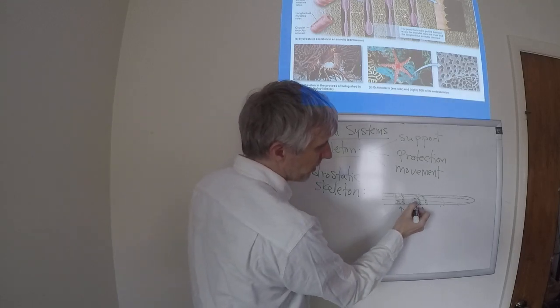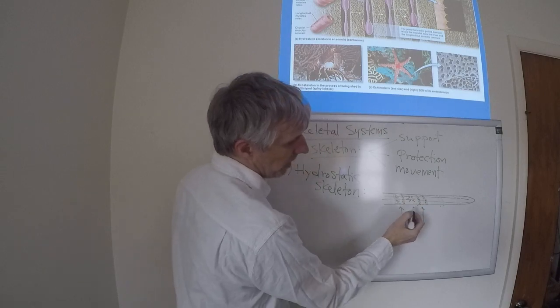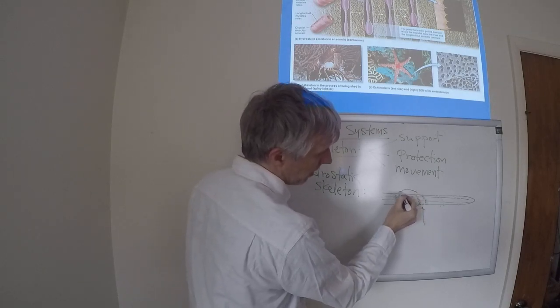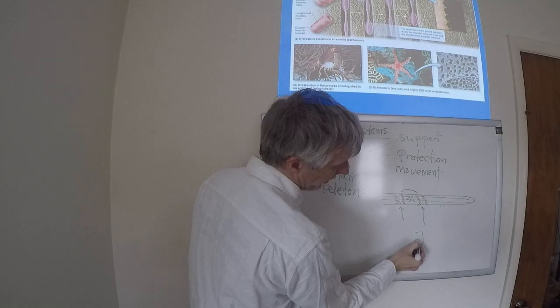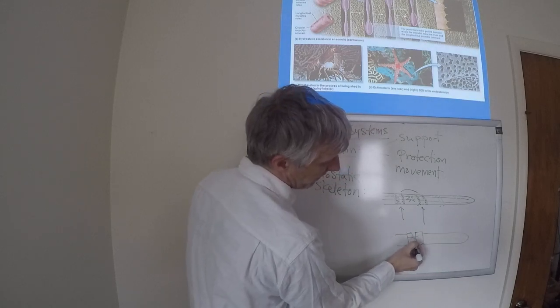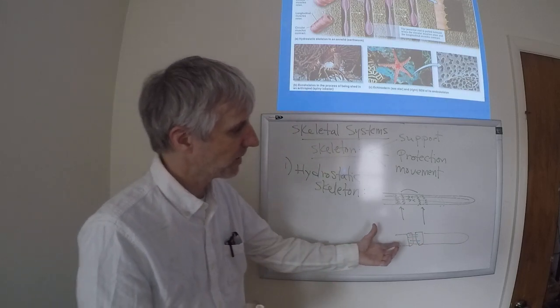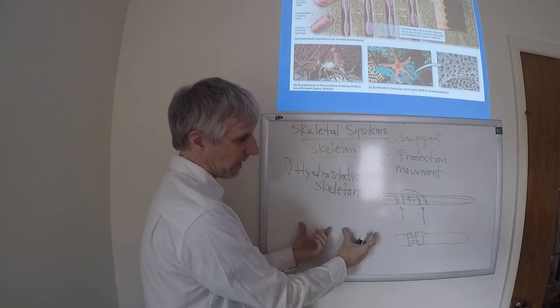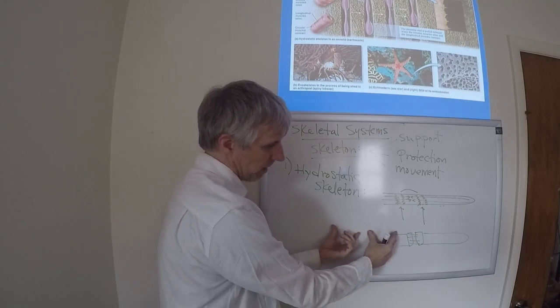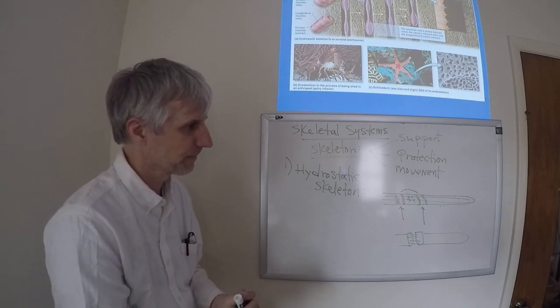Then what I'm going to do is contract on these muscles, and that will pull these two closer together. Right? I now pulled those two closer together. So the idea is by doing this in different parts of the body, right, I can use this for movement. Okay?